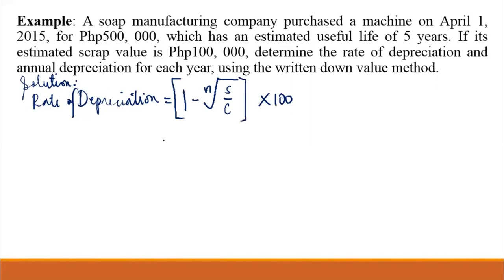Alright, so this is equal now to 1 minus the 5th root, yung N natin. Ano yung N ulit? Yung estimated useful life, okay? Yung estimated life in years nung binili ng soap manufacturing company na machine. So, aabot lang daw ito sa 5 years.